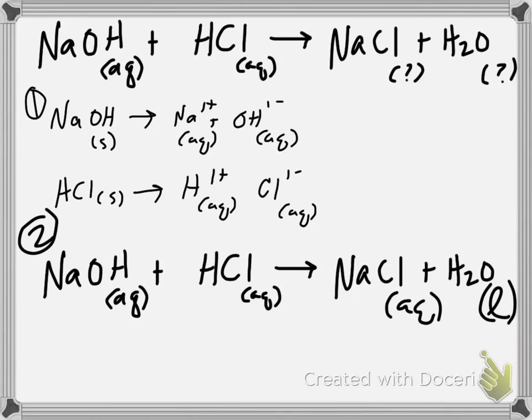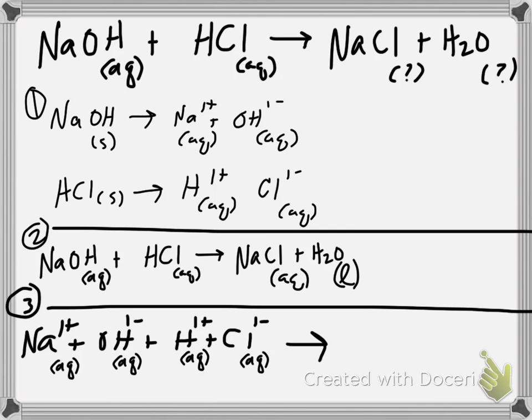And so we're going to have some spectator ions. It's not going to be the hydrogen and the hydroxide. We've got the first half of our overall ionic equation. We know that the sodium and the chloride stay in the same form.